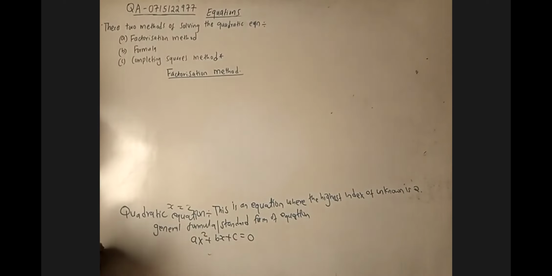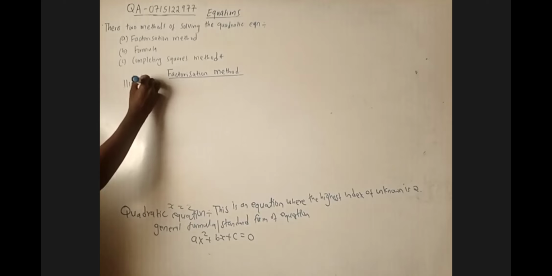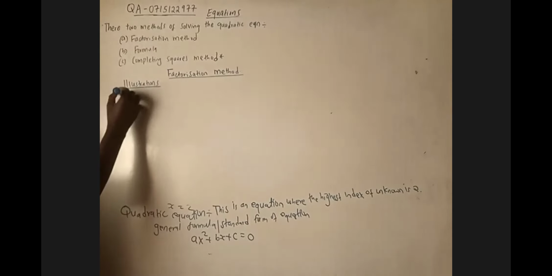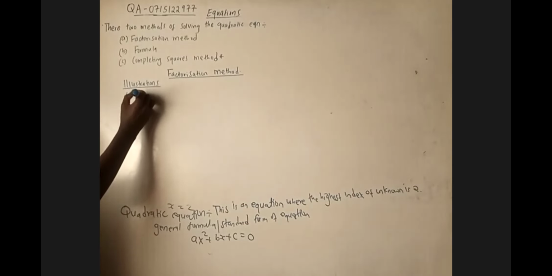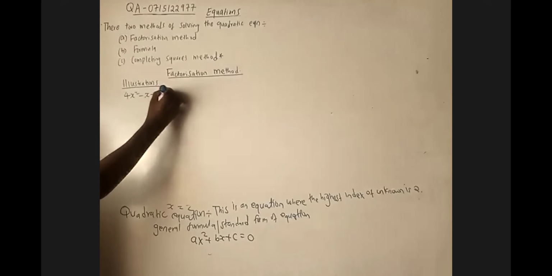Another example of the expression. Expression number 2, tunasema 4x squared minus x minus 3 equals 0.